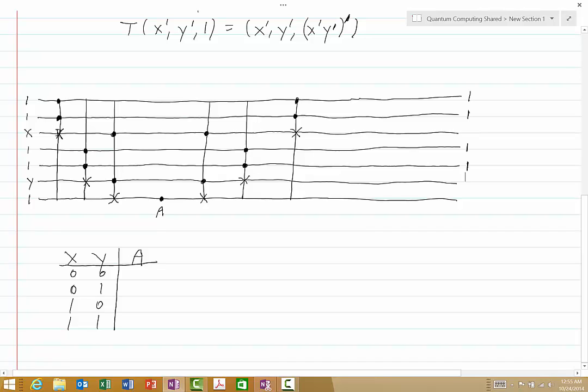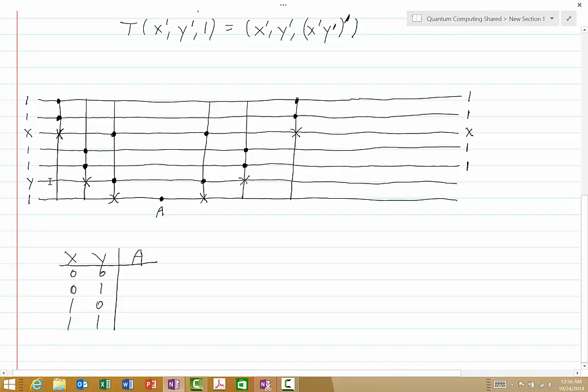So after this first gate, we're going to have X prime here on this line, and we will continue to have X prime until we get to this point. Now, once again, these two lines have 1s, so this inverter will be operative, and that X prime will get inverted back to X and will not be changed again. So we have X here.